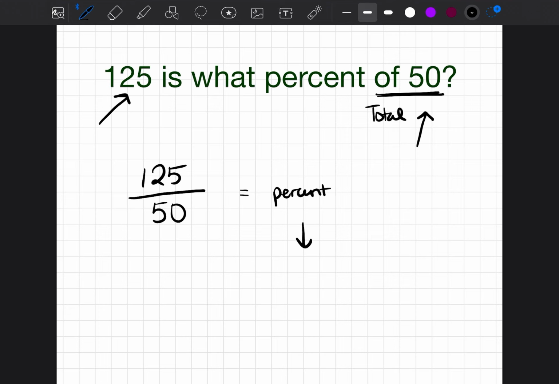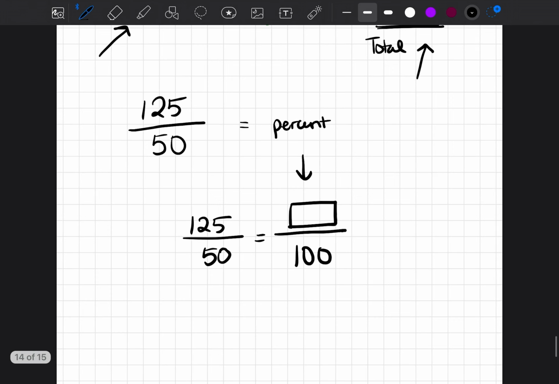The way that we represent percent is anything out of 100. So we're trying to see what 125 over 50 is equal to as a fraction over 100. All we have to do is find the missing piece. How do we do that? Well, whatever happens to the top happens to the bottom, and vice versa.